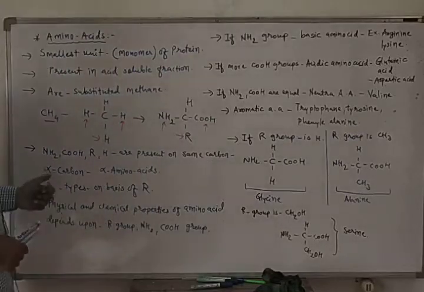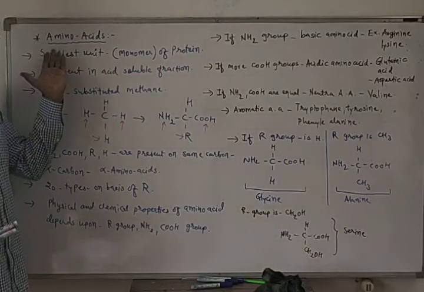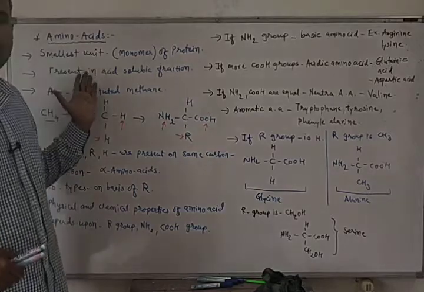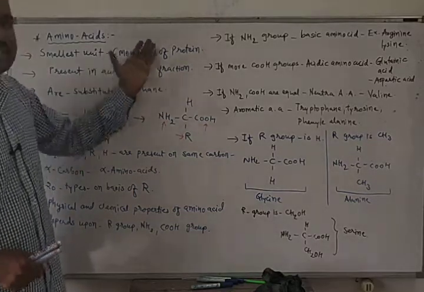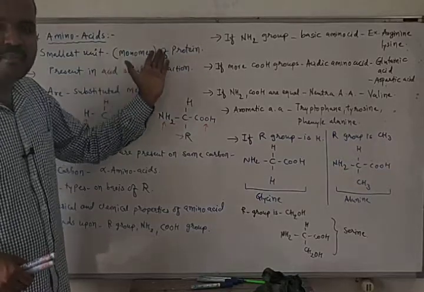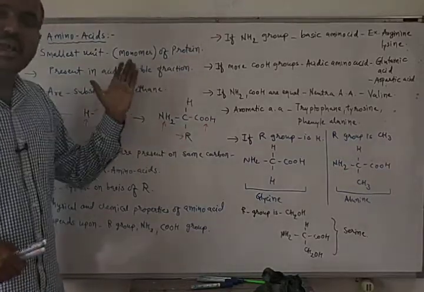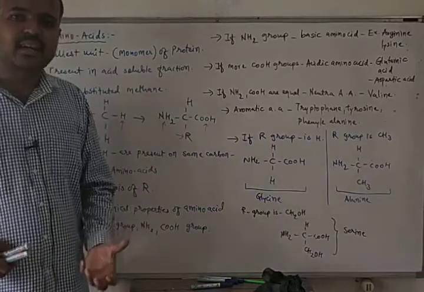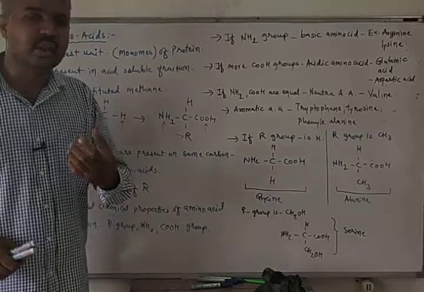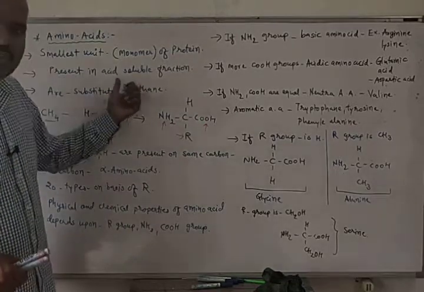So what we have said is that amino acid is the smallest unit of the protein, or it is the monomer of protein. Protein is the polymer and it is made up of many amino acids. Amino acids are present in the acid soluble fraction. They are collected in the vessel as their molecular weight is low, and they are substituted methane.